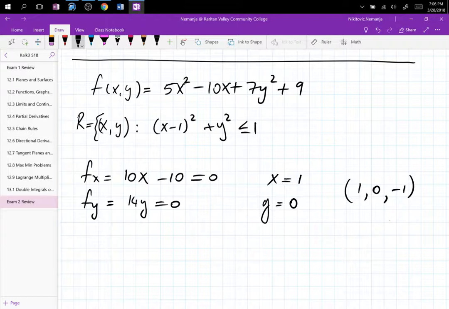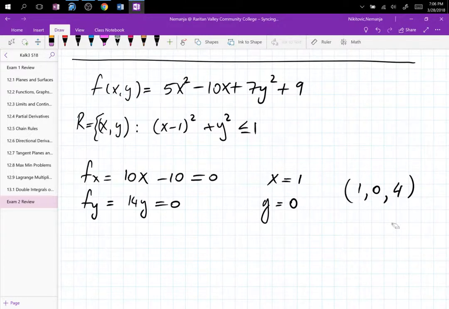Again, when I plug in 1, I get, oh no, I get 5. What am I talking about? I get 5 minus 10 plus 9. That's 4. So 1, 0, 4. So that's our point.